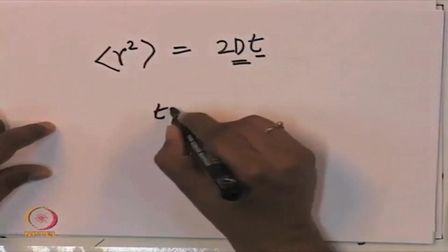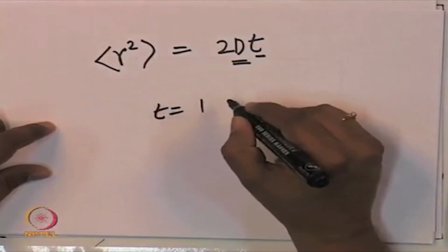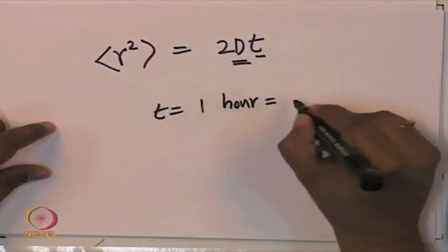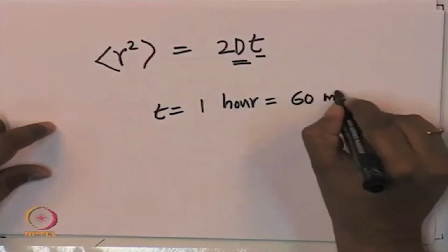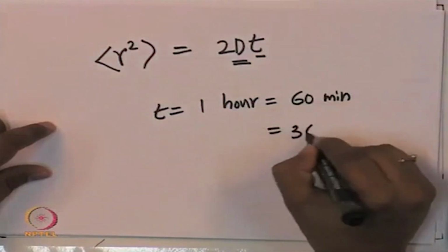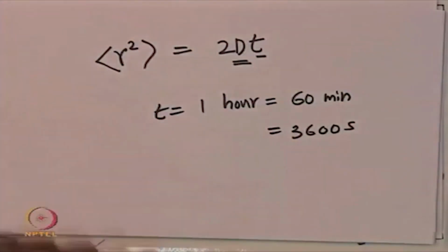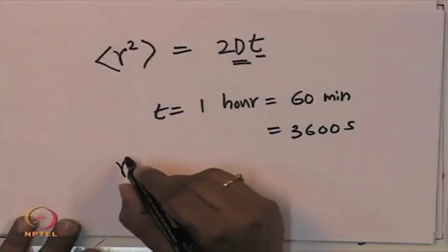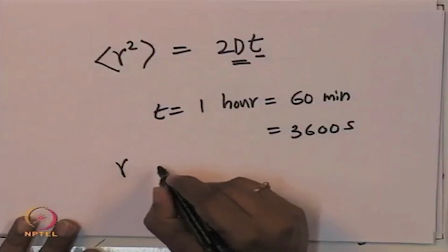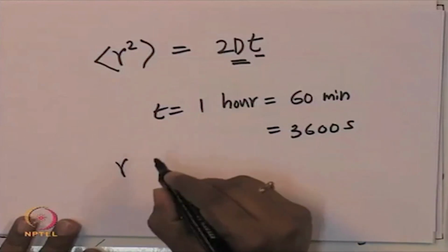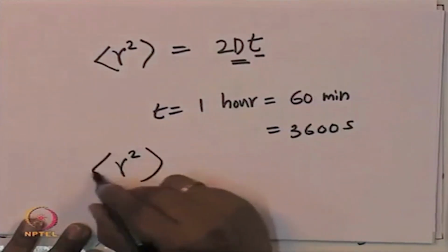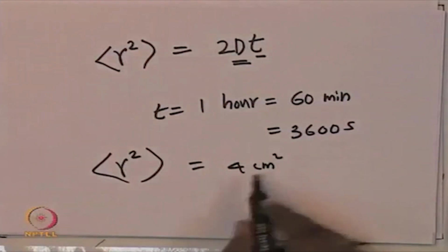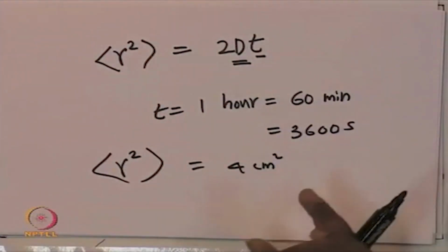So, t is 1 hour, which is basically 60 minutes, which is 3600 second. Now, what is r square average? The typical distance is 2 centimeters. So, the square of the distance average has to be about 4 centimeters square.